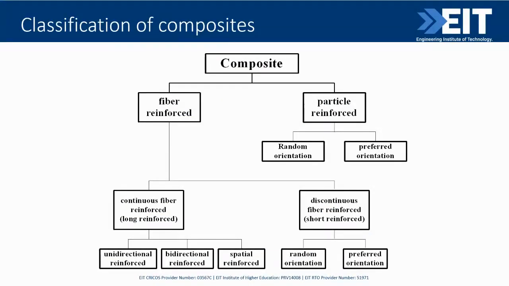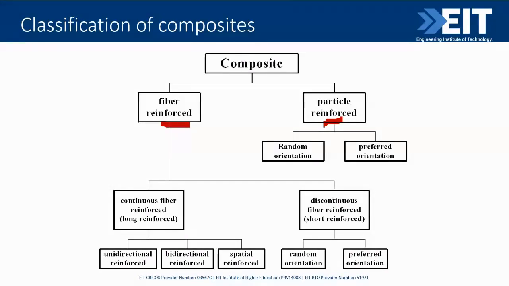So there's some classification. This classification of composites follows the basic concept we defined earlier: a matrix made of one material being reinforced by another material. So the reinforcement phase can be either fiber or particle.